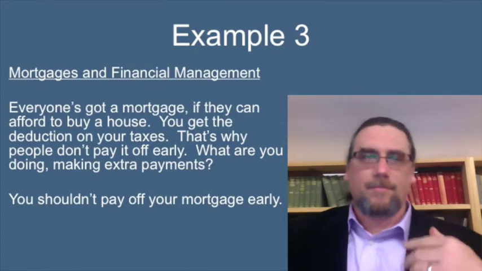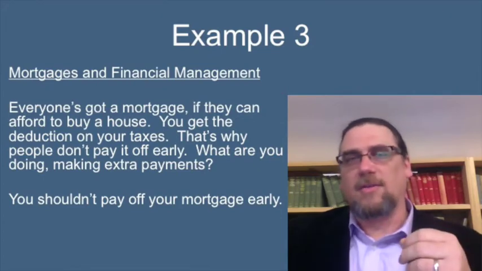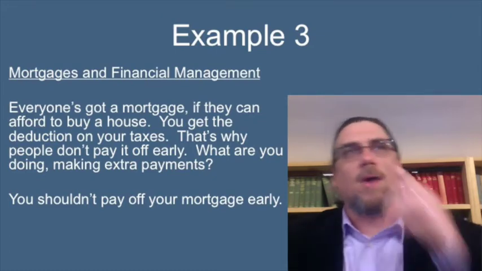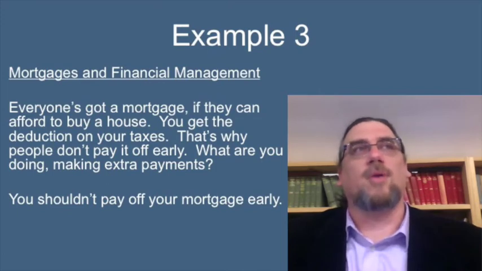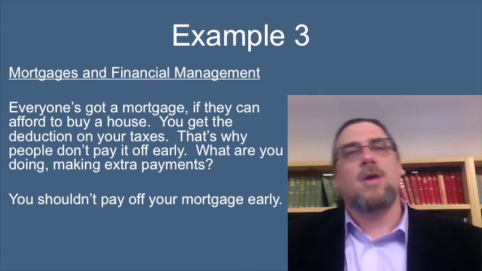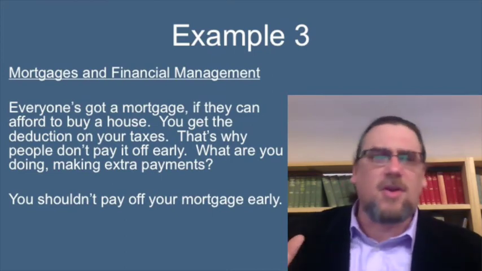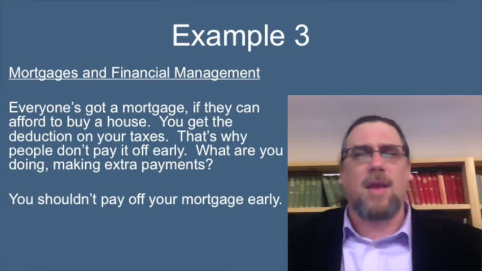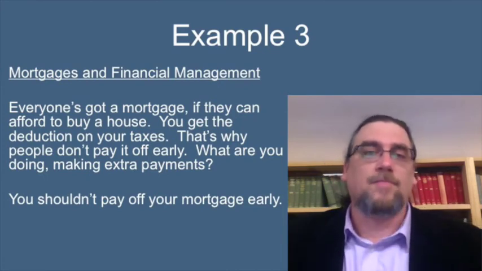You get a deduction on your taxes, and a lot of people think that that's the reason why you shouldn't pay off your probably largest debt, unless it's a student loan debt in the case of some people. So it runs like this. Everybody's got a mortgage if they can afford to buy a house. You get the deduction on your taxes. That's why people don't pay it off early. What are you doing making extra payments? And the conclusion is you shouldn't pay off your mortgage early.